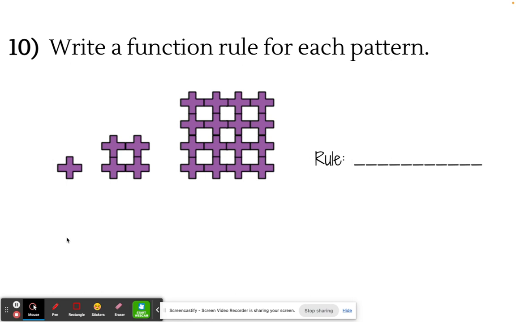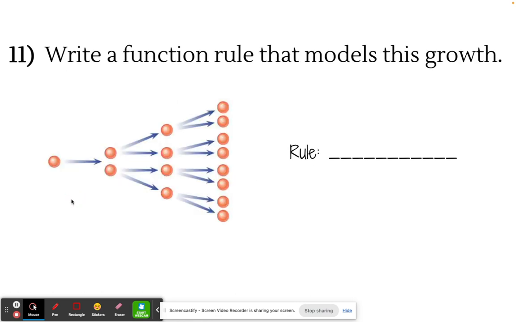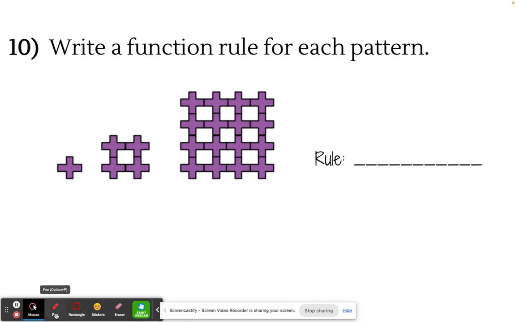But in this example, my first shape or pattern is a 1. My second one is 1, 2, 3, 4. My third one, 1, 2, 3, 4, 5, 6, 7, 8, 9, 10, 11, 12, 13, 14, 15, 16.